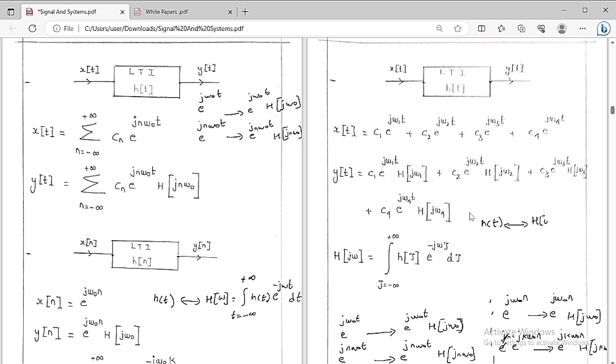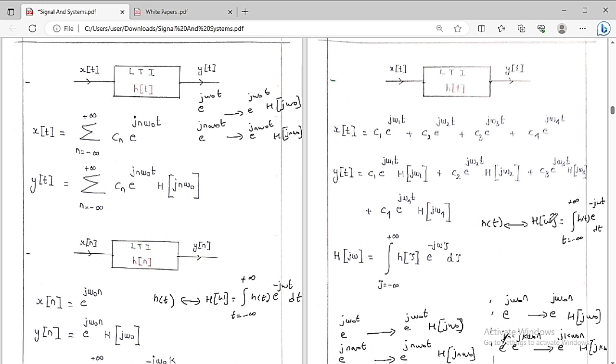H of omega we can write, which is equal to the integration from t equal to minus infinity to plus infinity of h of t into e to the power of minus j omega t into dt. Here t is the dummy variable; either you can use t or you can use tau.